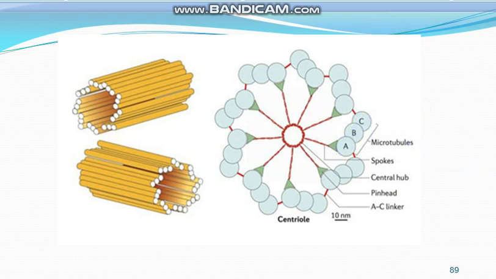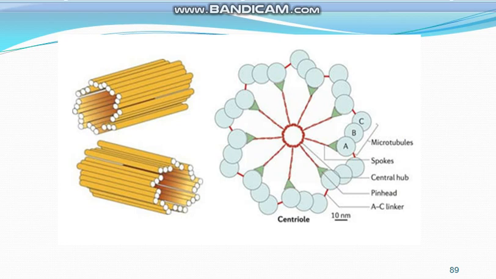If we start from outside to inside, they are designated as C, B and A. Each subfiber, whether C, B or A, is made up of 13 protofilaments, and both C and A share 2 or 3 protofilaments with the B fiber. Suppose this is the B fiber; here it shares the protofilaments of C and A.